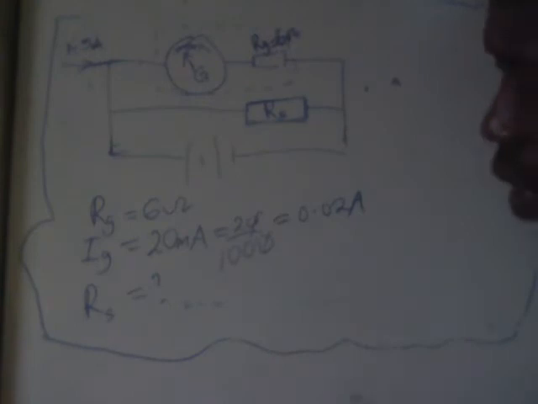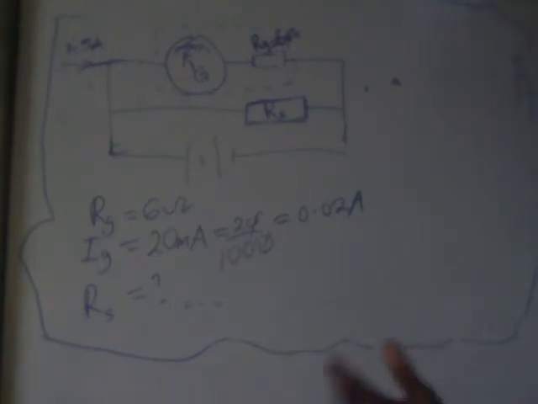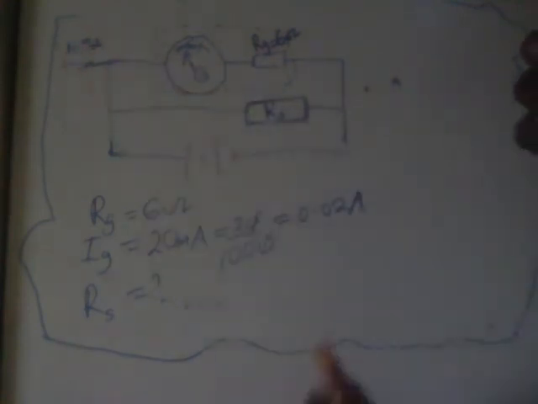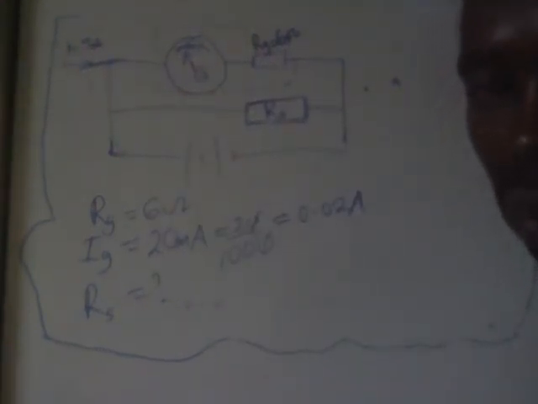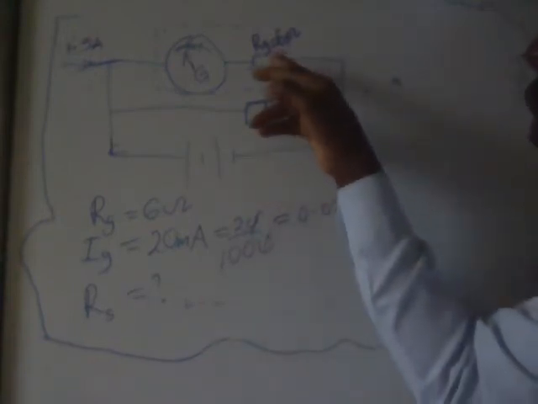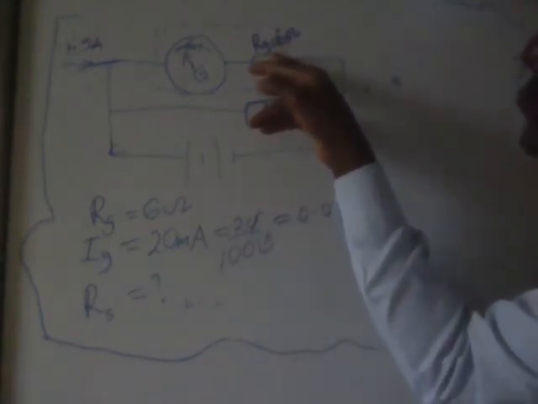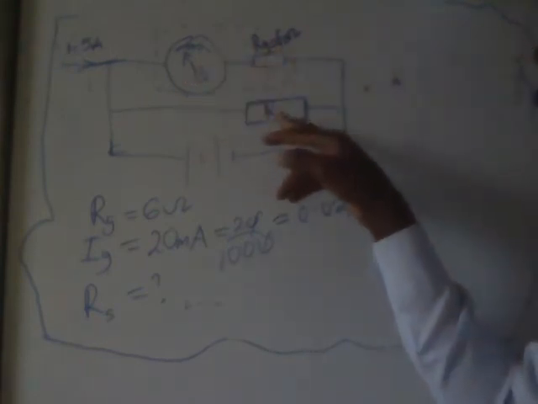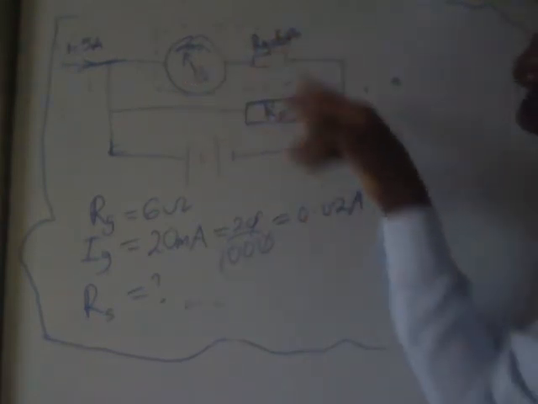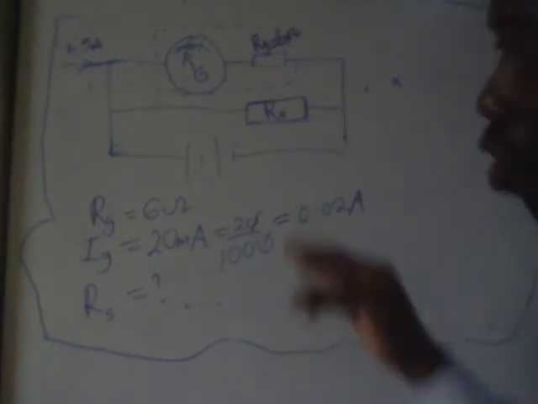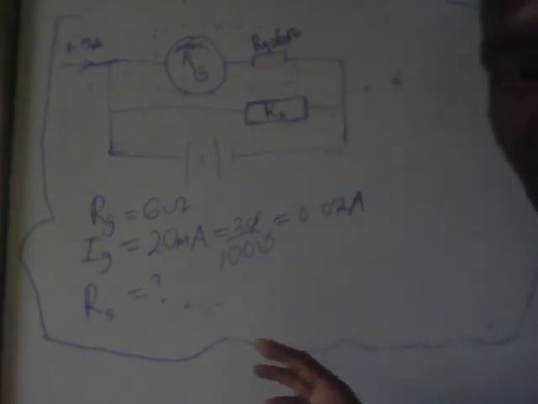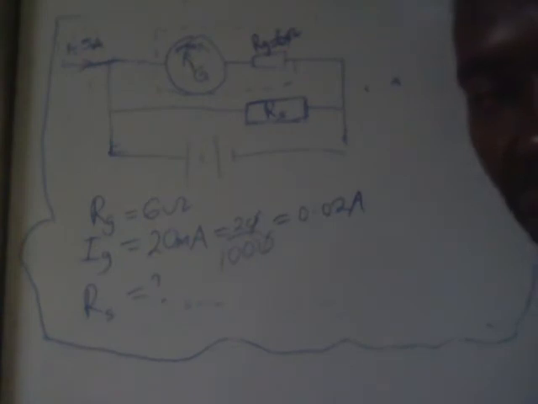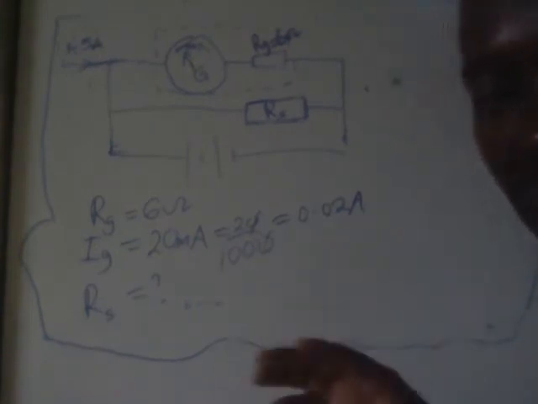Now, there's one thing you have to take note of. You can't say that 1.5 amperes is the current of the shunt. The internal resistance of the galvanometer and the shunt are in parallel. When resistors are connected in parallel, they have different currents but the same voltage.